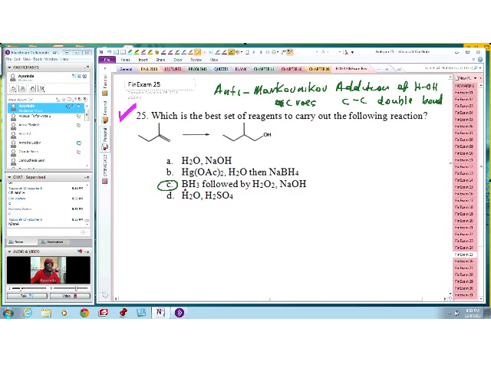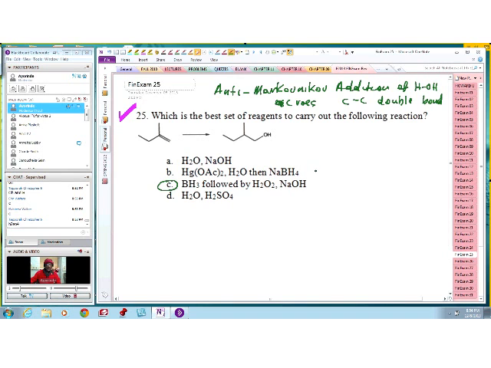Borane followed by hydrogen peroxide in hydroxide adds the element of water, which is hydrogen and hydroxide, across the carbon-carbon double bond in an anti-Markovnikov fashion. In other words, the hydrogen will go to the carbon that contains less hydrogen, and the hydroxide will go to the carbon that contains more hydrogen. That is the anti-Markovnikov addition.